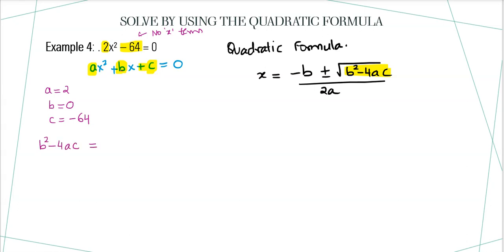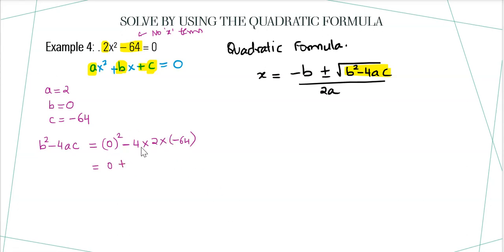This gives you b², which means 0² minus 4 times a, which is 2, and c is −64. 0² is nothing but 0. This negative sign with this negative sign becomes positive.